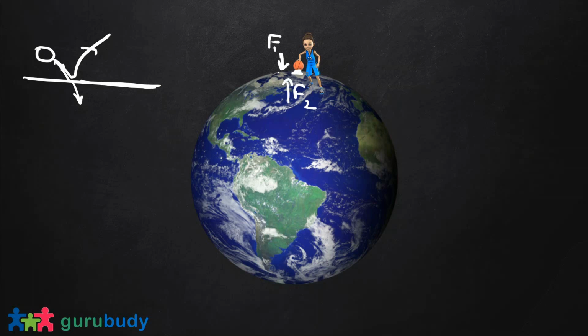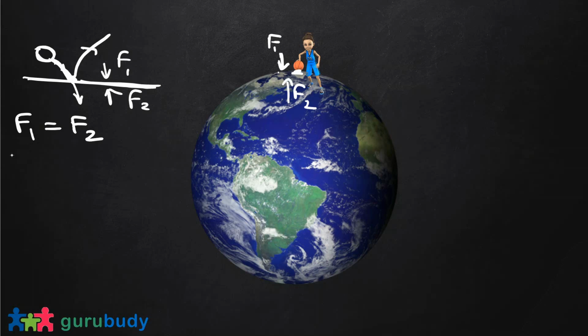One thing is clear from Newton's third law: as this ball comes and touches the earth, it applies some force F1 in the downward direction, and the earth applies the force F2. We know from Newton that F1 is the same as F2 in magnitude. That is true.